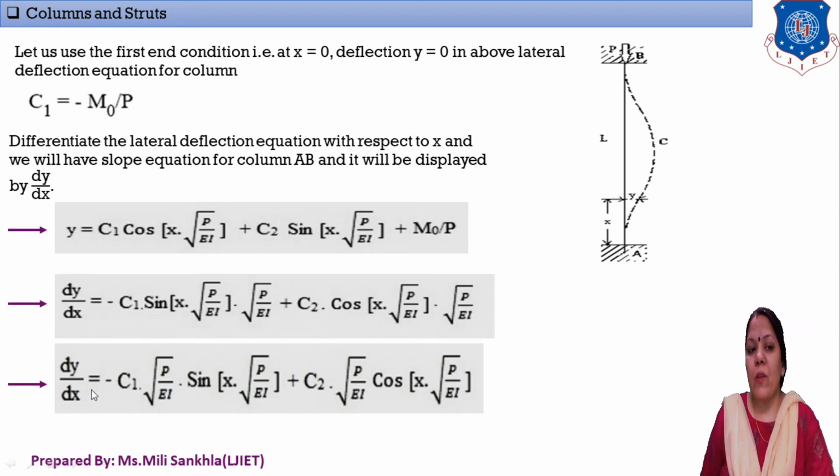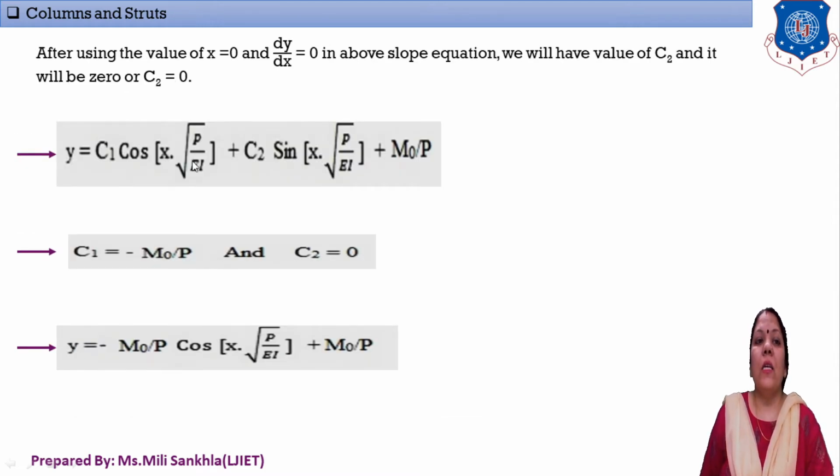Put the values one by one. dy/dx is 0, C1 we found as M0/P, and x is also 0, that means sin 0 is 0. For C2, cos 0 is 1, and dy/dx is 0, that means the value of this C2 constant again we get 0. Clear? C1 we found as M0/P, and according to this boundary condition our C2 constant we get 0.